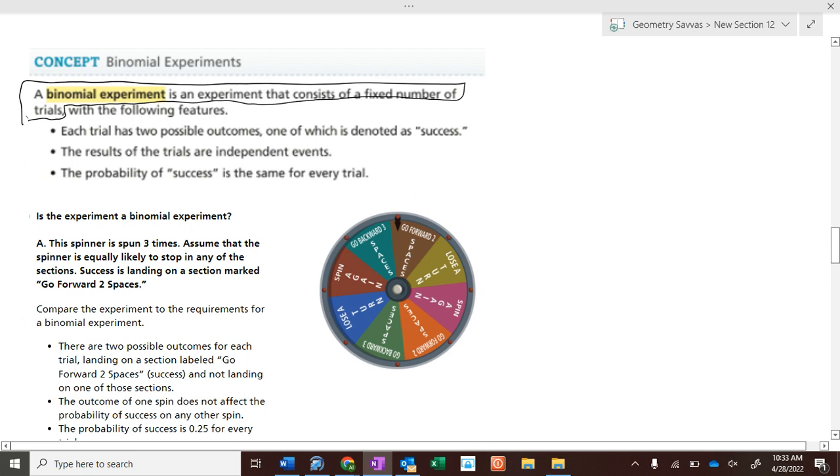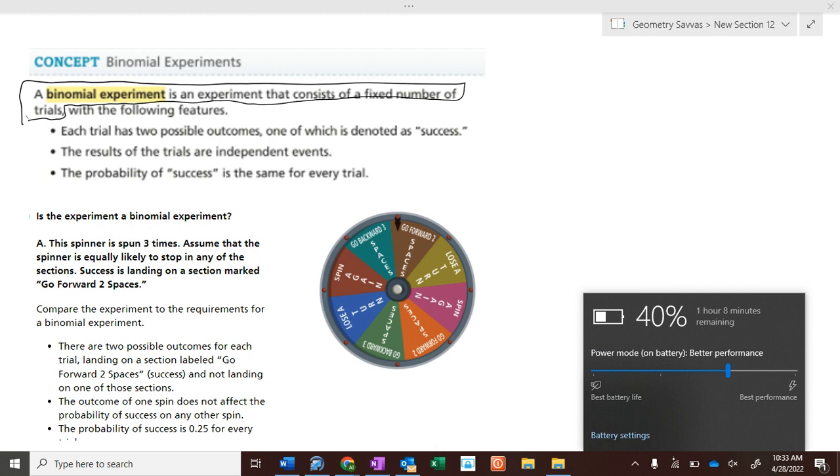A binomial experiment consists of a fixed number of trials, and it has 3 different features, but I'll just have you write down that much and call it good for writing it down, but we have to know what a binomial experiment is. So each trial has two outcomes.